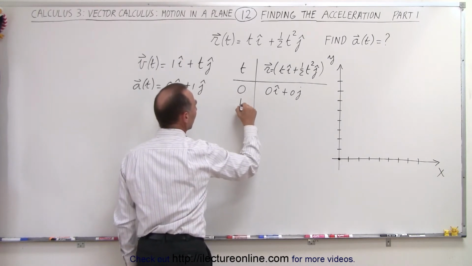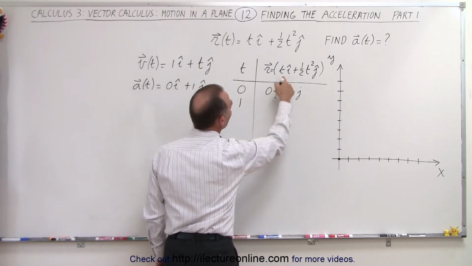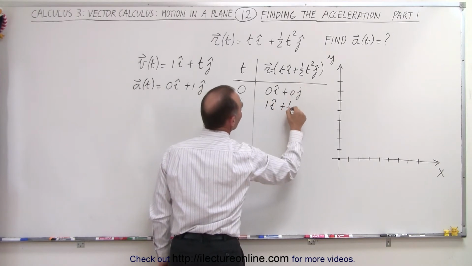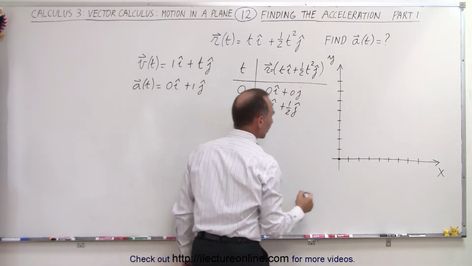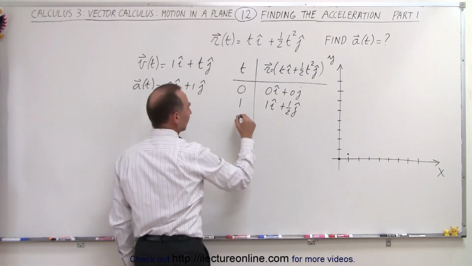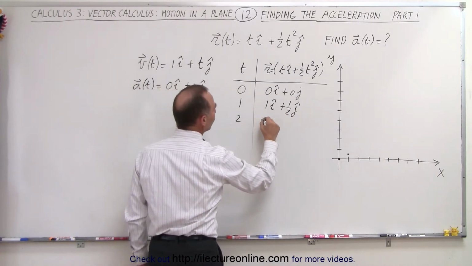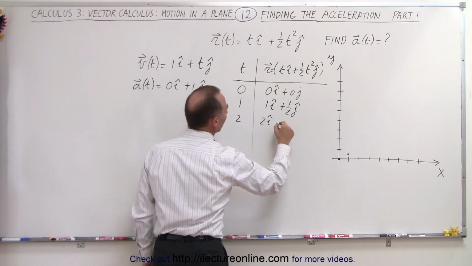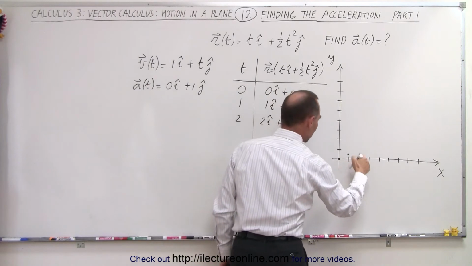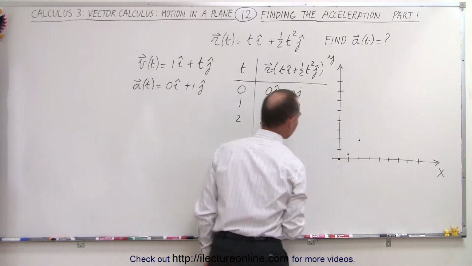When time is equal to 1, this will be 1 in the i direction plus 1/2 in the j direction. So that would be right there. If t is equal to 2, that would be 2 in the i direction plus 2 in the j direction. So that would be 2 and 2, right about there.